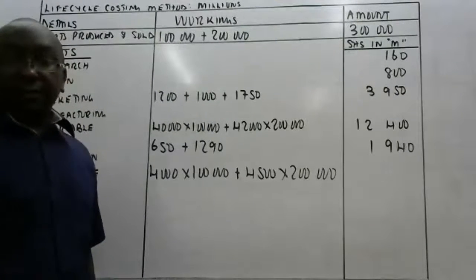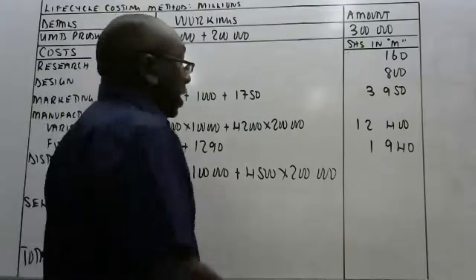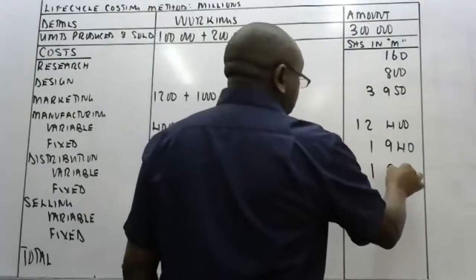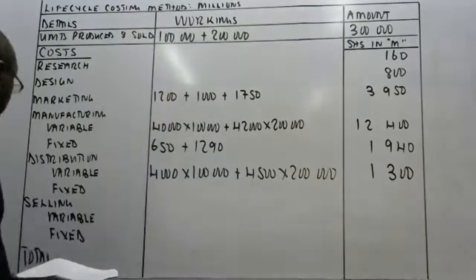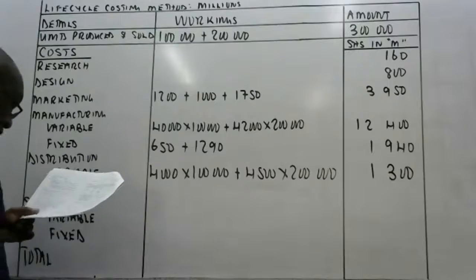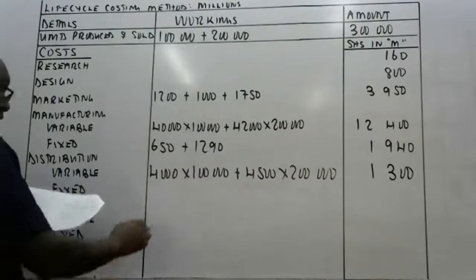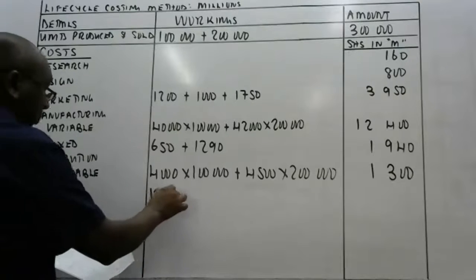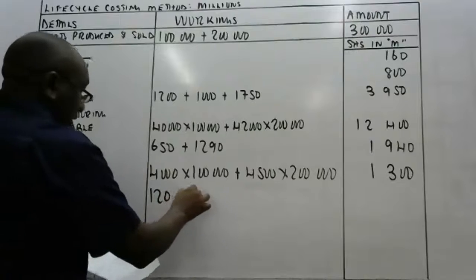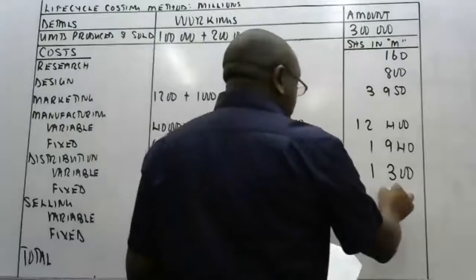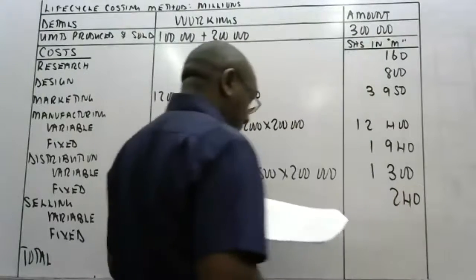Waiting for the answer. 1,300. For the fixed distribution, it is 120 plus 120. At least that one I can help you, it is 240.